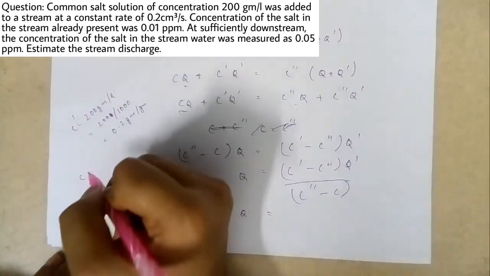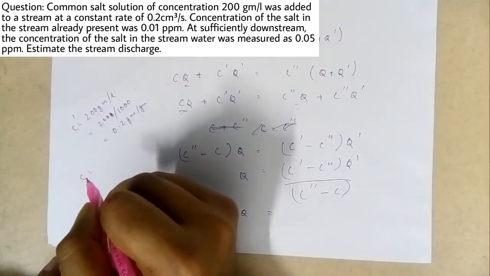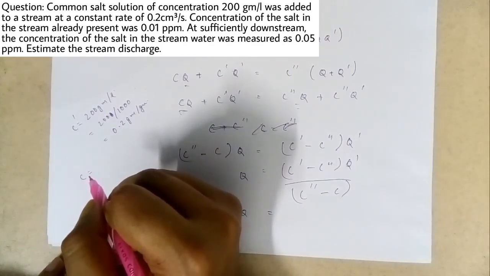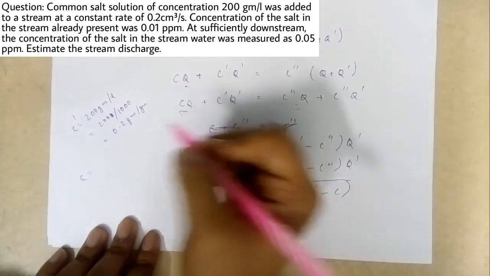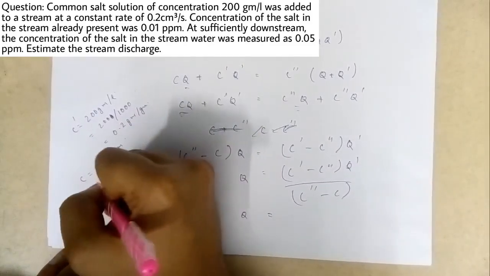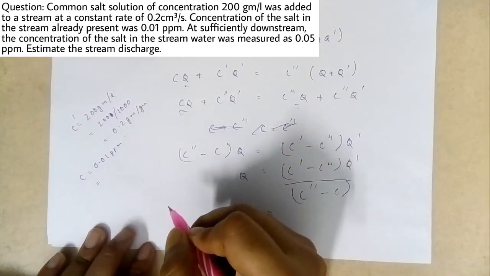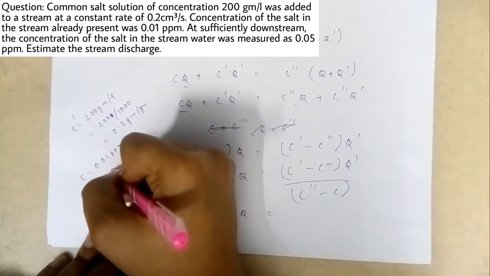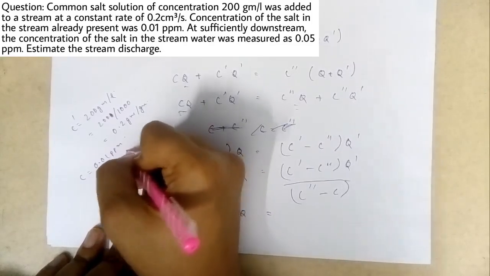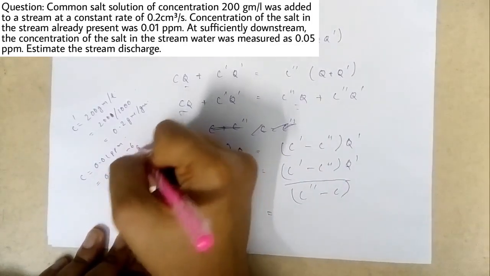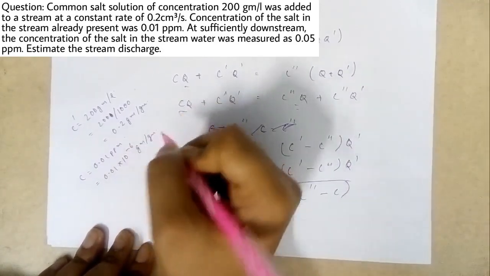Similarly, C is given as 0.01 ppm. It can be written as 0.01 multiplied by 10 to the power minus 6 gram per gram, as it is parts per million.